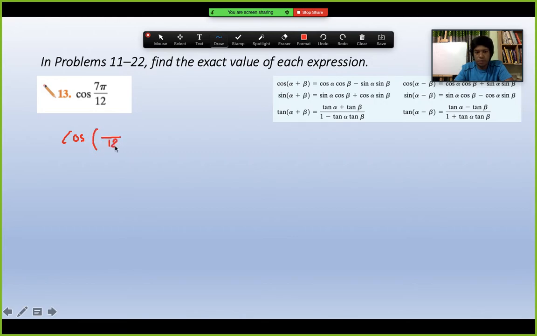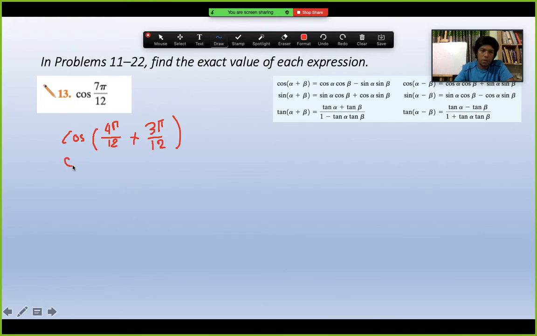See, this is 12. Then let's write 12 here. 7 we can break as 3 and 4, so 3 plus 4 equals 7. So we can write 4 pi plus 3 pi. We kept our denominator the same, that's why we can add this way.